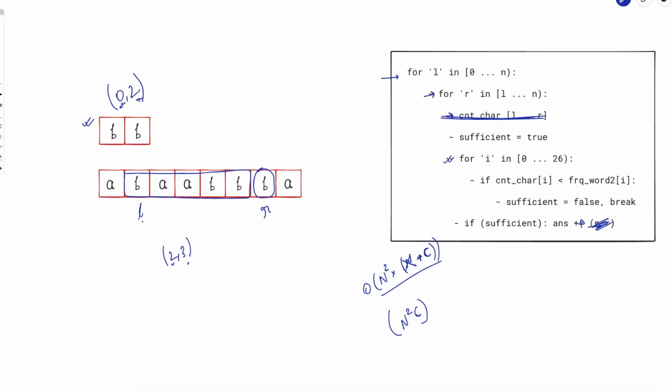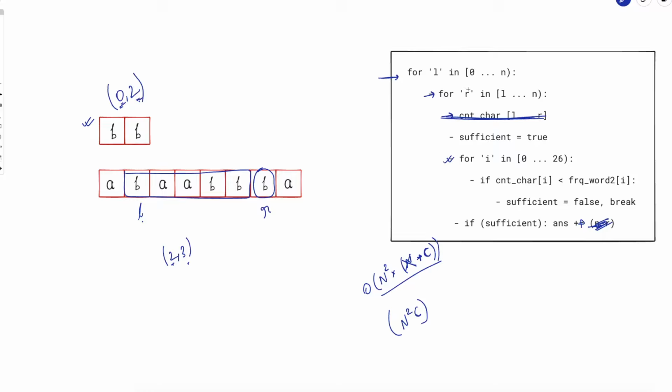Because you are trying out every possible substring. So you are trying out every possible L, and for each possible L, you are trying out every possible R. So if you need to remove one of these n, basically you need to remove one of these loops, right? Removing either L or R is almost equal.